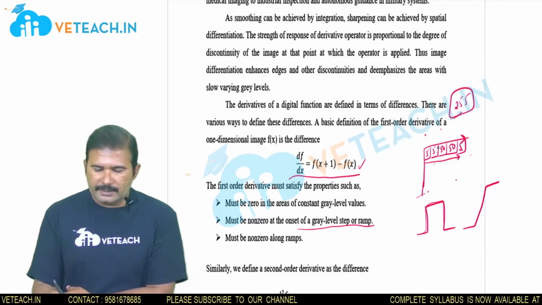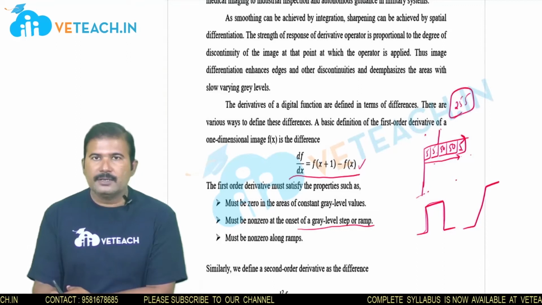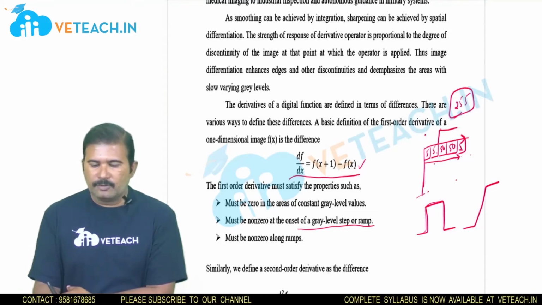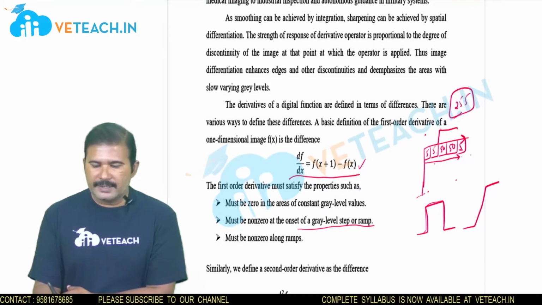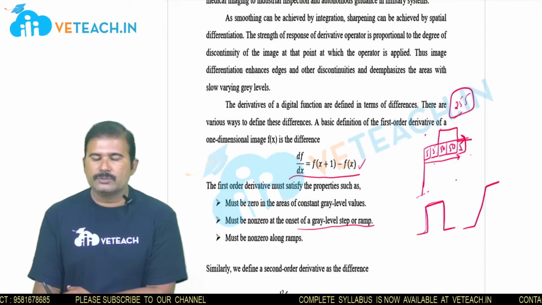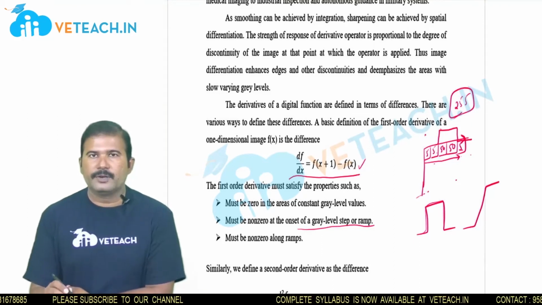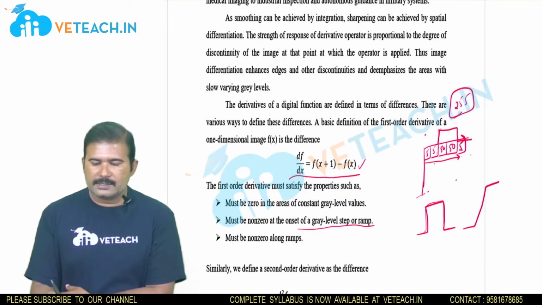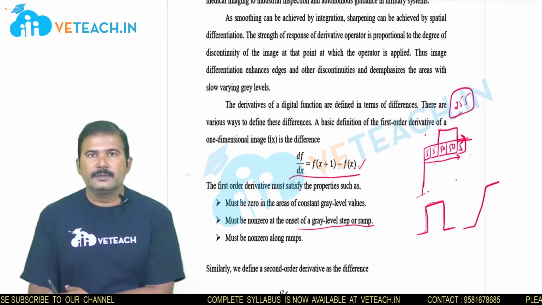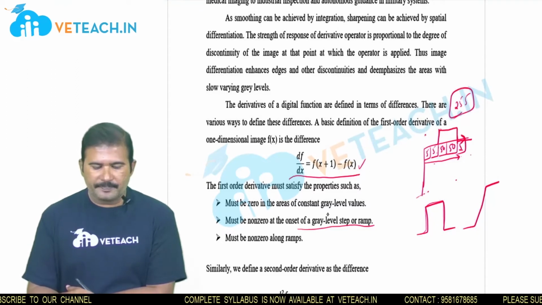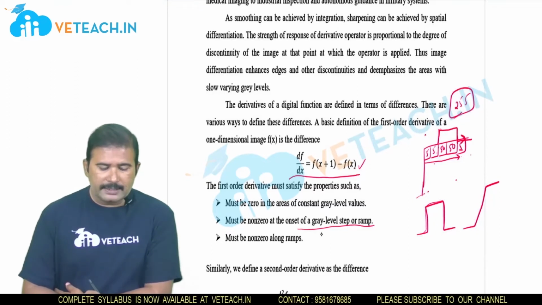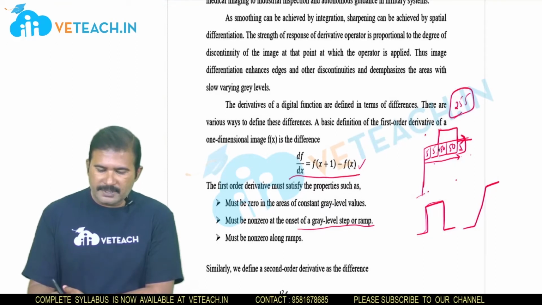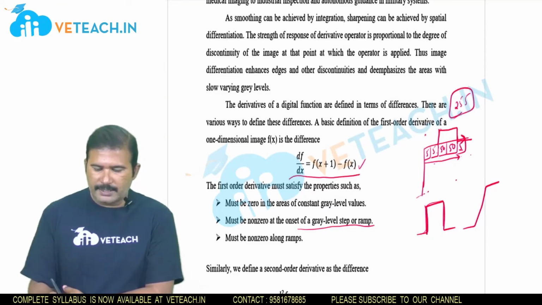There is a sudden rise in intensity at the third pixel, the fourth pixel has the same intensity level, and again it came back to its normal value, 5. So this is a sudden rise at the third pixel and a sudden fall at the fifth pixel. This represents the onset of the step.